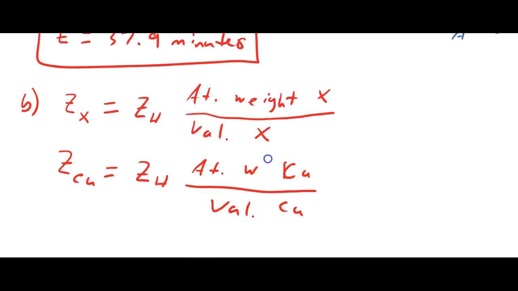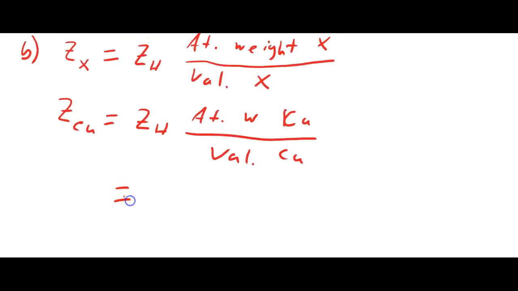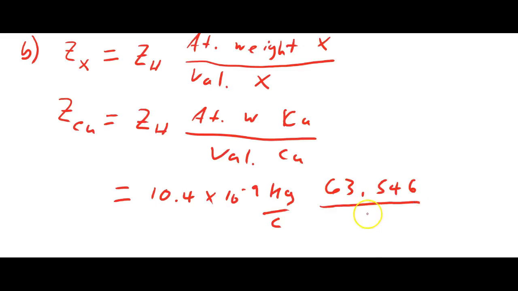And if we're doing that, the information presented for part B says that we have 10.4 times 10 to the negative 9 kilograms per coulomb as the electrochemical equivalent of hydrogen. We multiply that by the atomic weight of copper, given as 63.546, and divide by 2, which was the valency of copper.